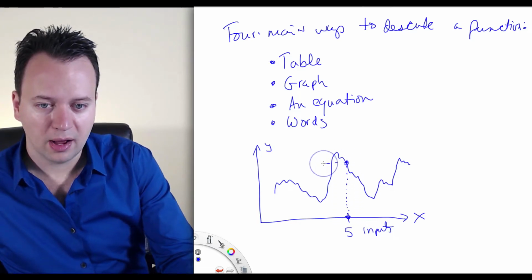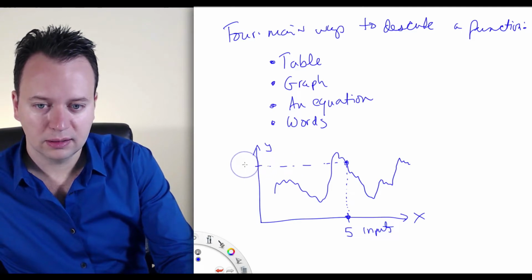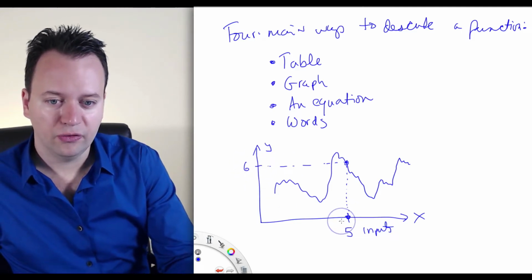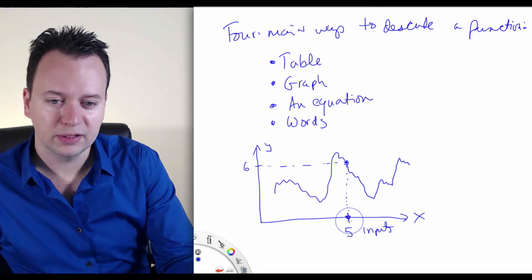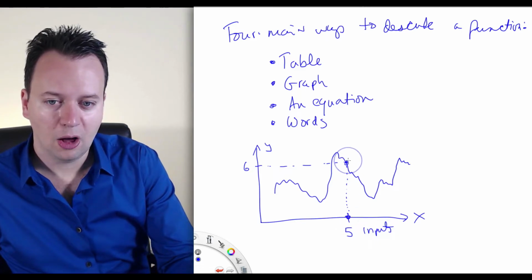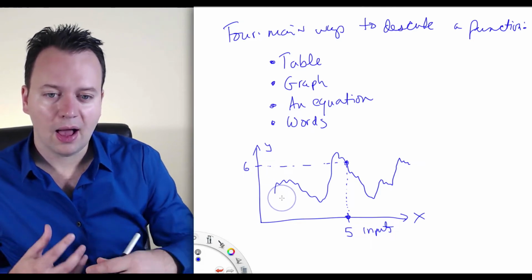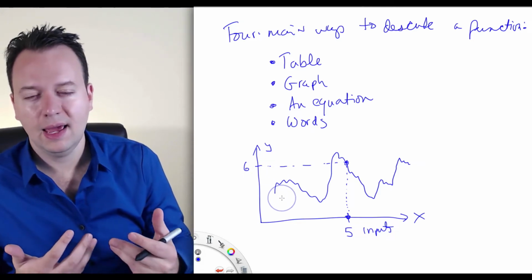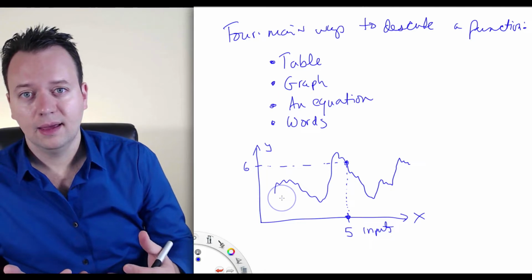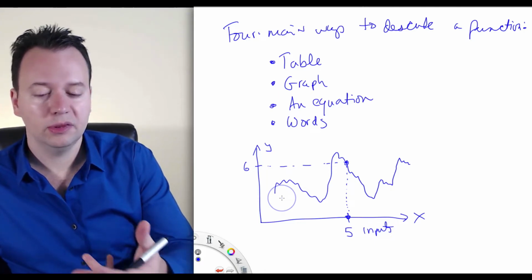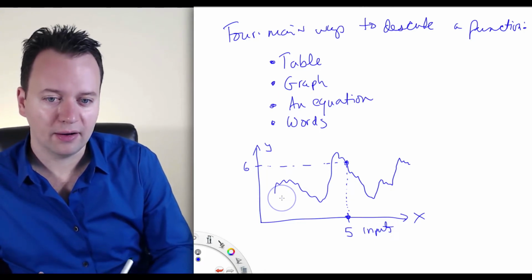And maybe this y value is, let's say, 6. So if 5 is the input, some element of the domain, the output of the function would be the number 6. In a similar way, any element from the domain can be put into the function, and you can see what the output is just by looking at this graph.